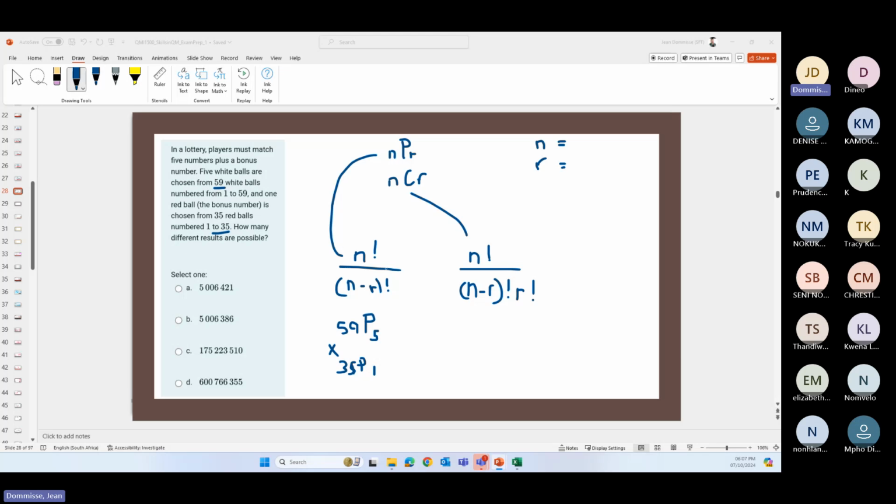Okay, so permutation. If I put that in, I'm not going to do that in the formula base, because then it's going to be 59 factorial divided by that factorial. So that is going to be one big answer.